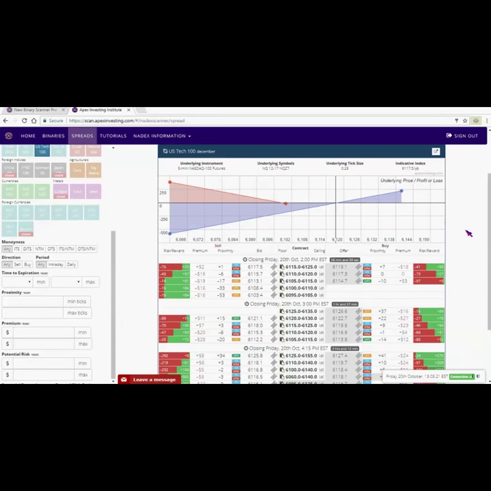So the indicative is the black line. No, the underlying is the black line. The indicative is right up here. The underlying is this. This is the price that your chart is telling you it's at right now. This is the price that Nadex has on their chart.